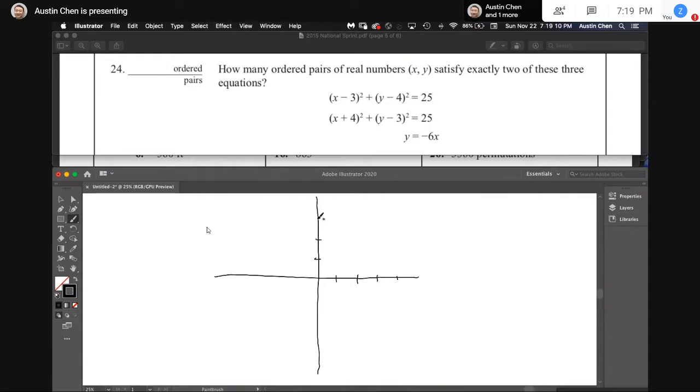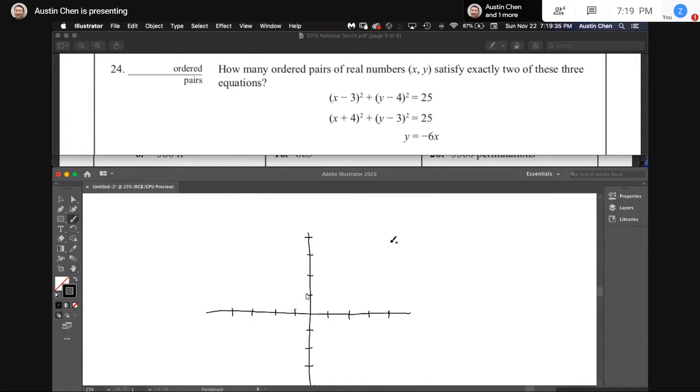So what you should notice is that 0, 0 is a solution to both of the circles, and also the line. So when you graph them, they should all be crossing 0, 0. Alright, so let's graph the circles first. So we're going to be at 4, 3. Okay, so it's going to go here.